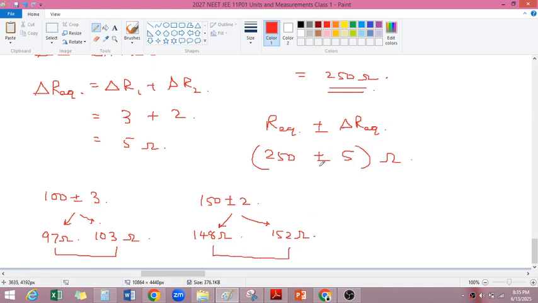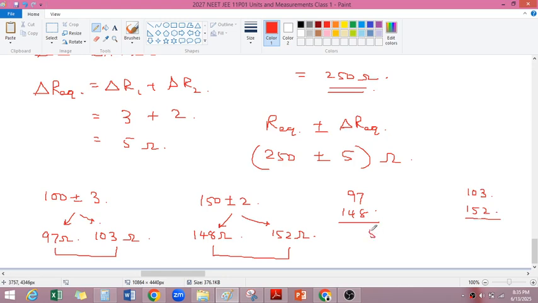That means if I want to find the highest value, I have to add these two values. If I want to find the lowest value, I have to add these two values. So that means 97 plus 148, and then here I have to do 103 plus 152.